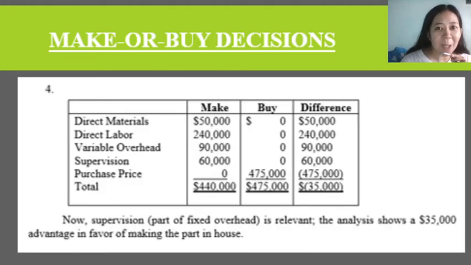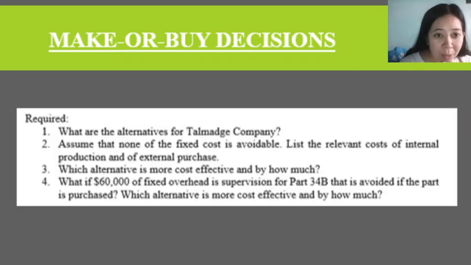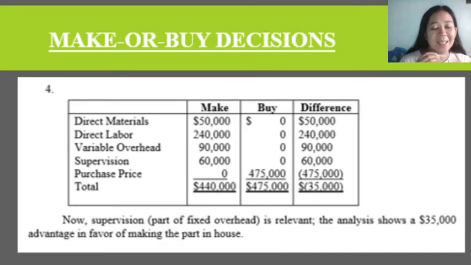Here, the supervision, which is fixed overhead intended for supervision equal to 60,000, we consider as relevant now. Although it is fixed, it is relevant because if we buy the part from a supplier, we can avoid this fixed cost, meaning we can save this.